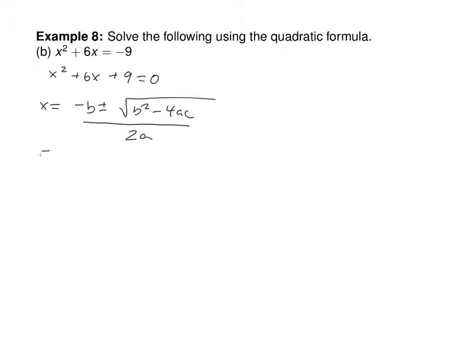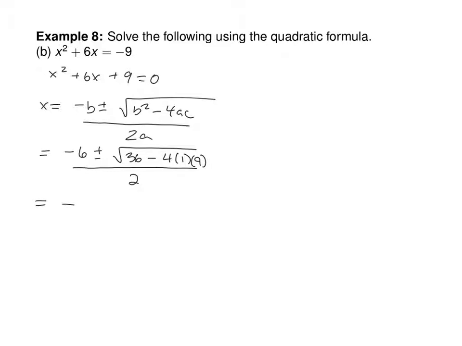So that's negative 6 plus or minus the square root of 36 minus 4 times 1 times 9, all over 2.